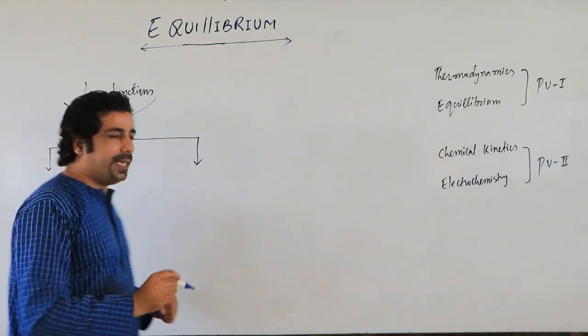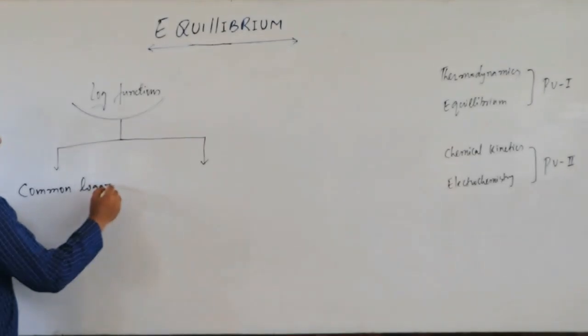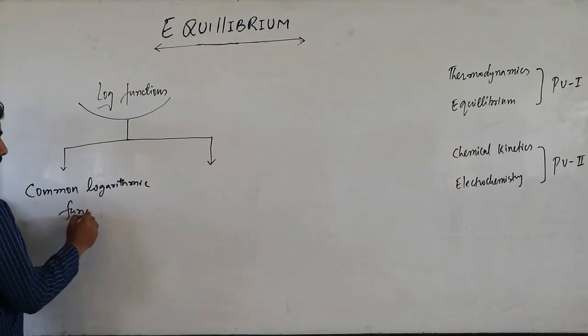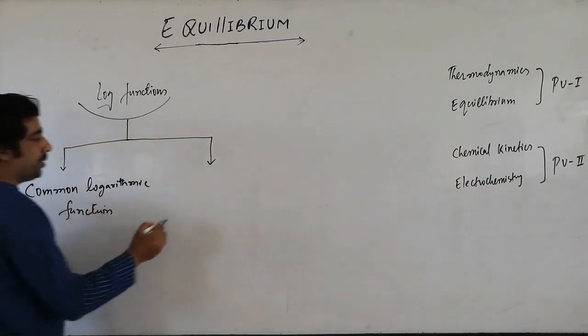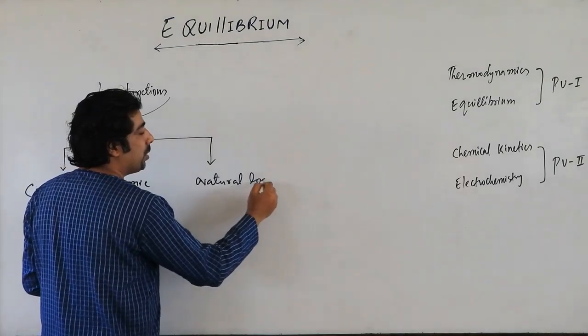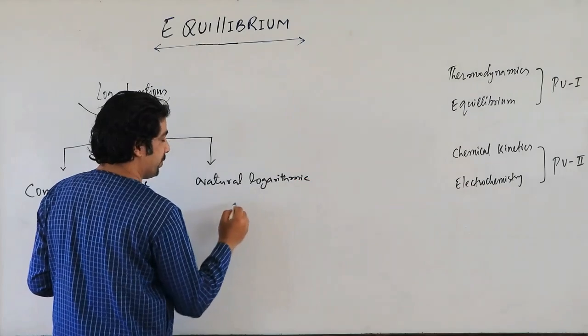One is your common logarithmic function, and another one is the natural logarithmic function.